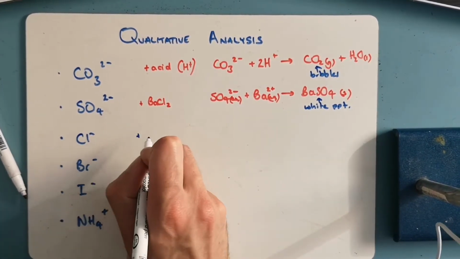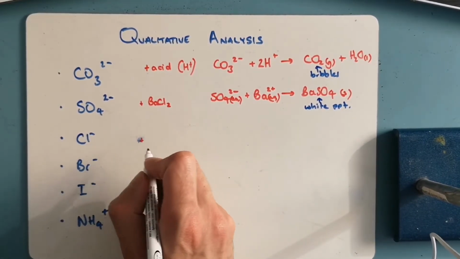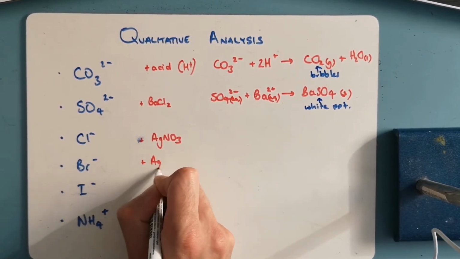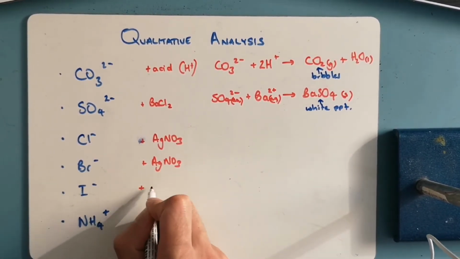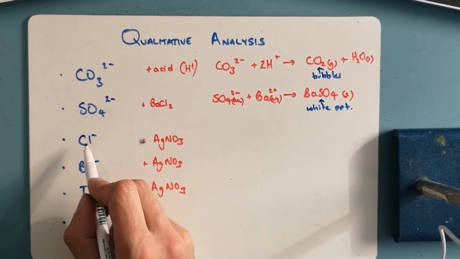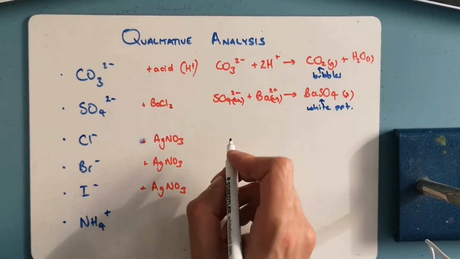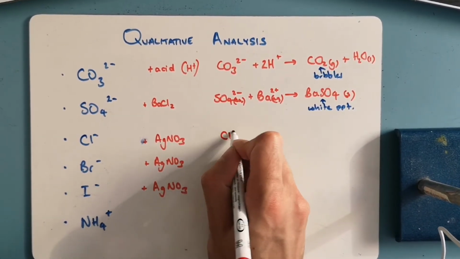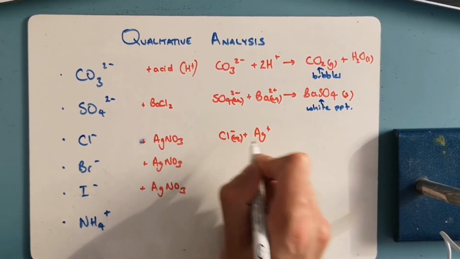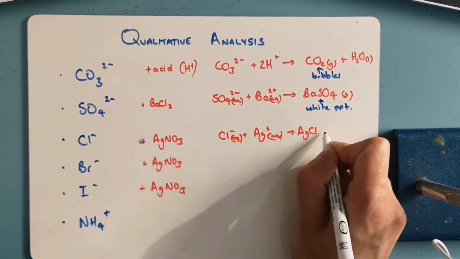We've seen these before, the halides. We're going to react each of them with silver nitrate, and the silver ion bonds to the halide ion to form a precipitate, which is a different colour for each one. So Cl- plus Ag+, both aqueous, will form silver chloride, solid.